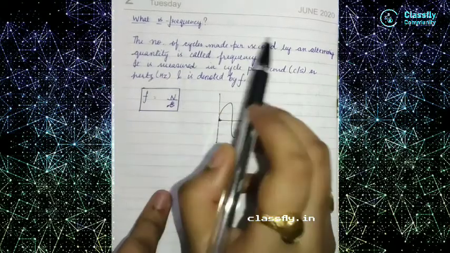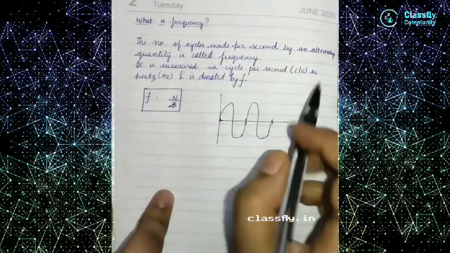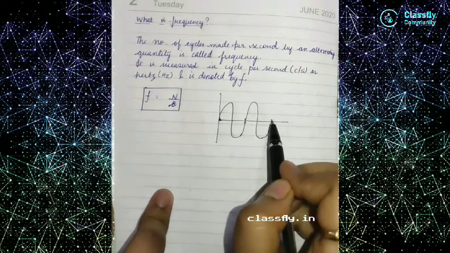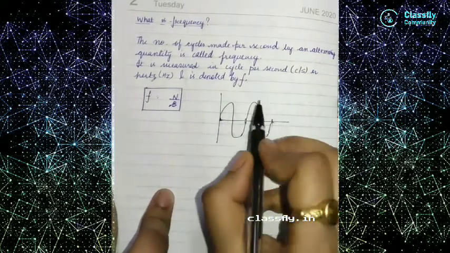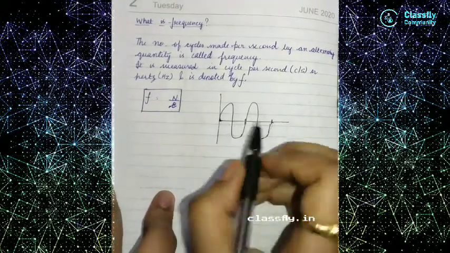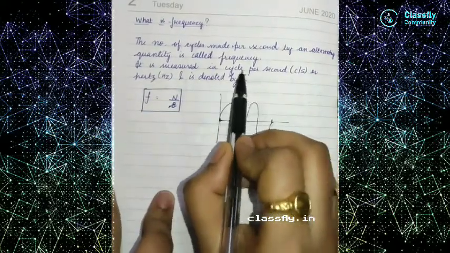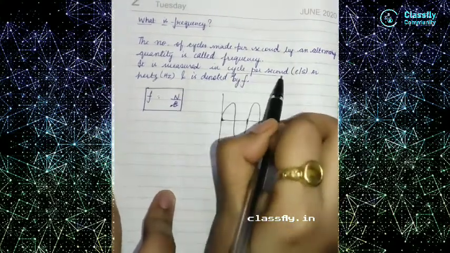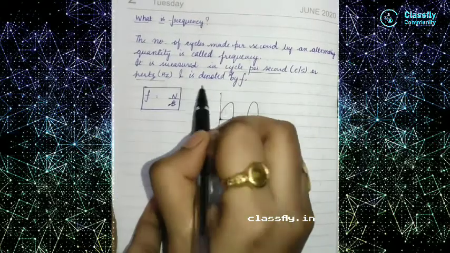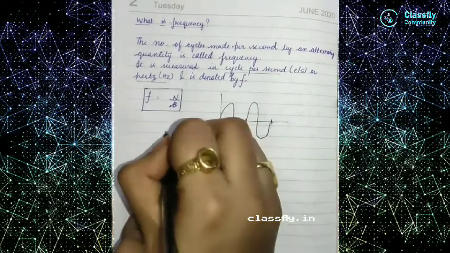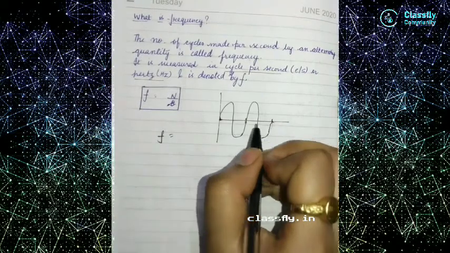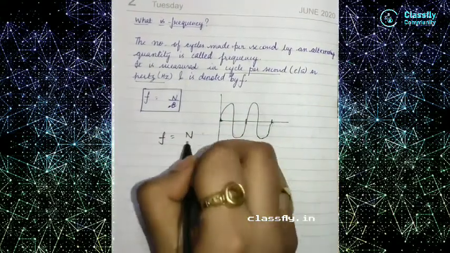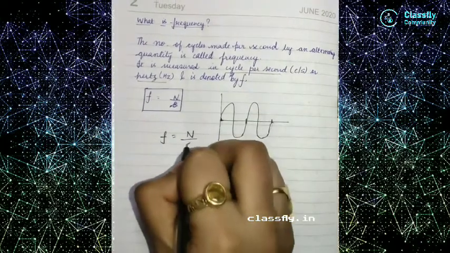That means in one second, how many cycles are made by the alternating quantity is called frequency, and it is measured in cycles per second, or hertz. Frequency is denoted by F. The number of cycles we write as N, per second S.